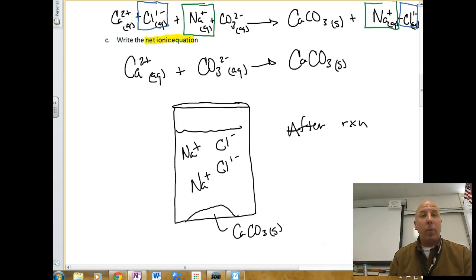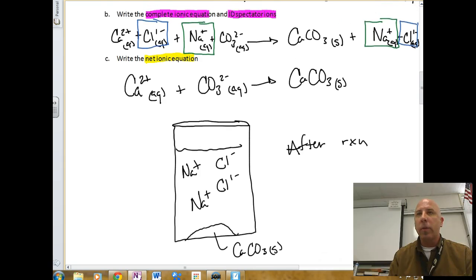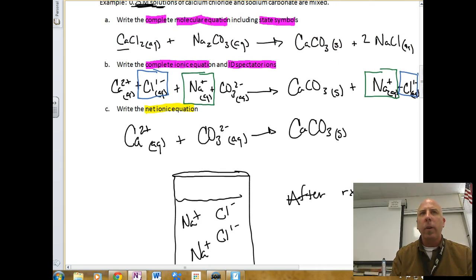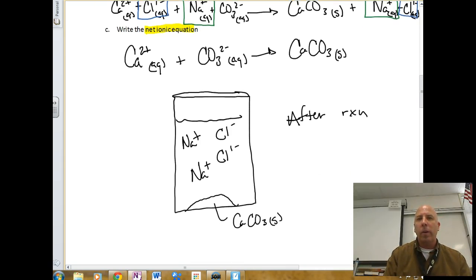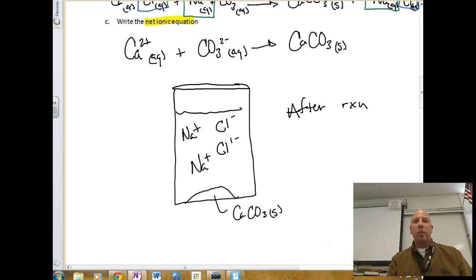And if you're interested in the ratios, it is a 1-to-1 ratio of the sodiums to chlorines, because if we look back up at our complete equation, we had 2 sodiums here to 2 sodiums there, and also 2 chlorines here to 2 chlorines there. So it is a 1-to-1 ratio of sodiums to chlorines, and that's how we would model it.